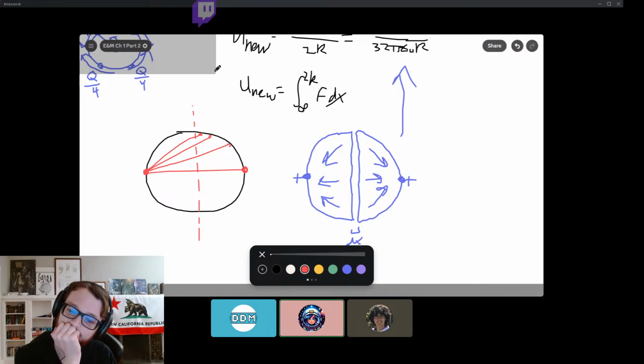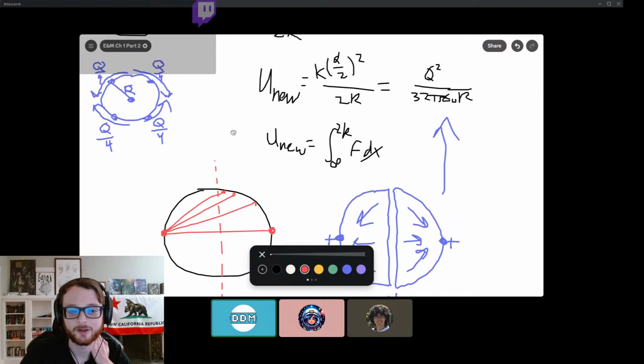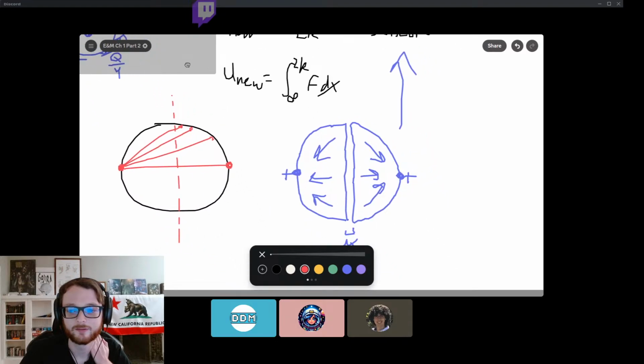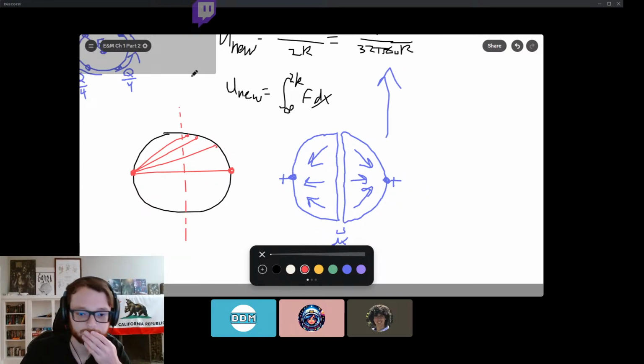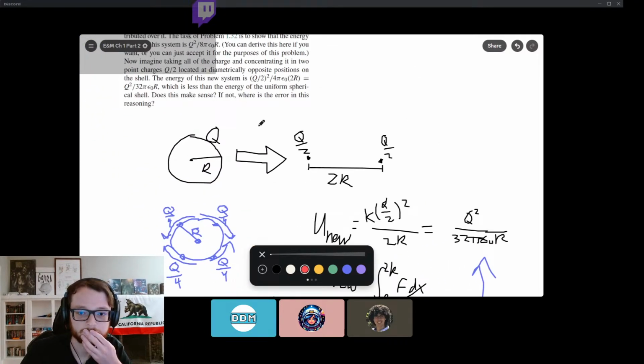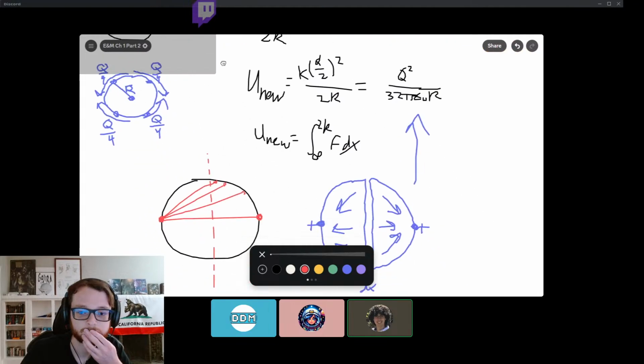But that relies on it being a superconductor, statically charged. Interesting. I'm still trying to figure it out, but it seems like it might work. Yeah, that makes sense to me.